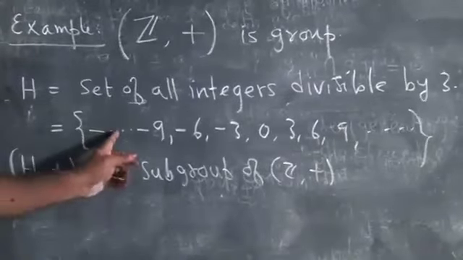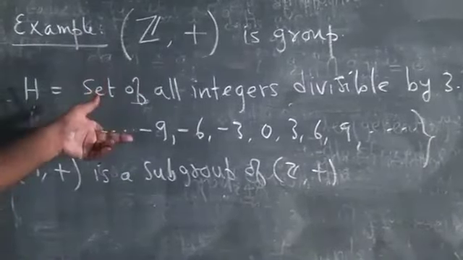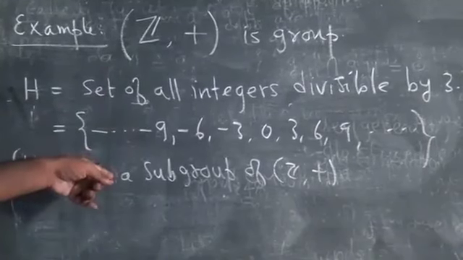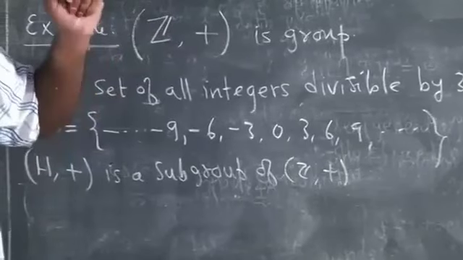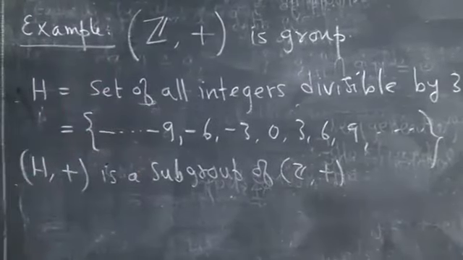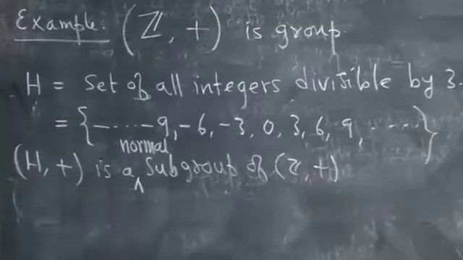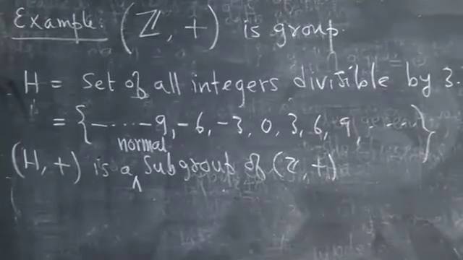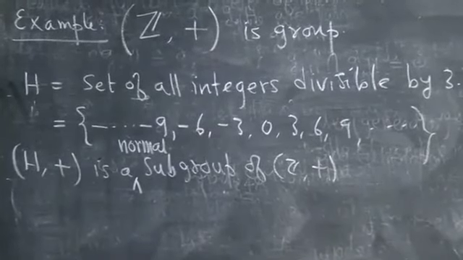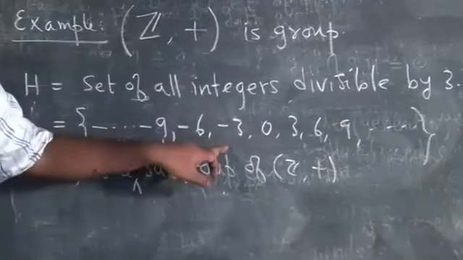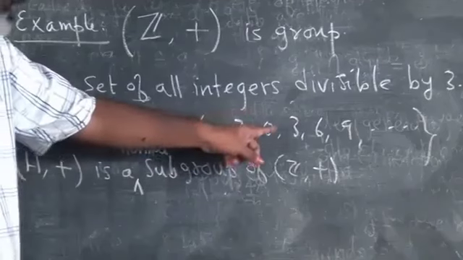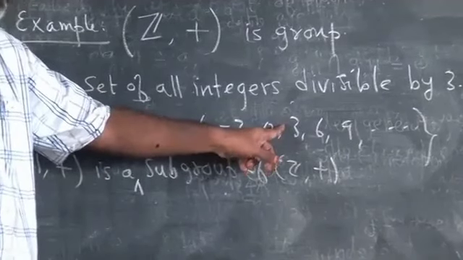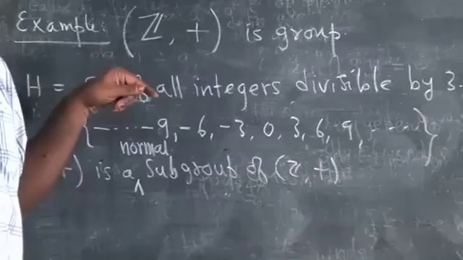Now, since it is an abelian group, it's also a normal subgroup, because whether you add any element from left or right, it doesn't make any difference. Now, what are the elements that are in Z but not in this? There are many elements, but let me take 1, which is not there, so I can write a coset with 1.